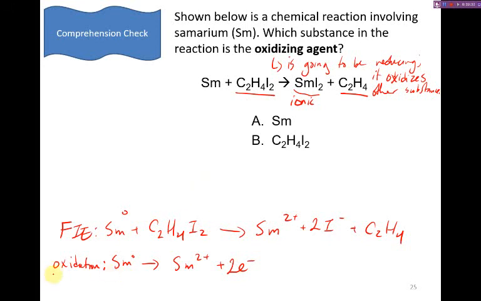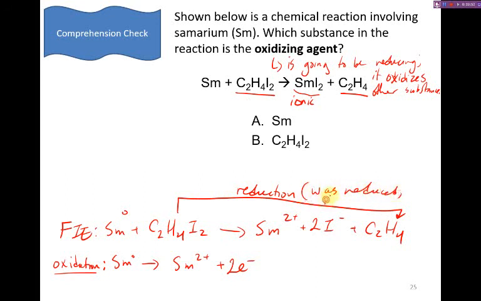And so we know that this is oxidation, so then this must be undergoing reduction. Since this is undergoing reduction, it was reduced. It is the oxidizing agent. And so that means then that our C2H4I2 is our oxidizing agent.